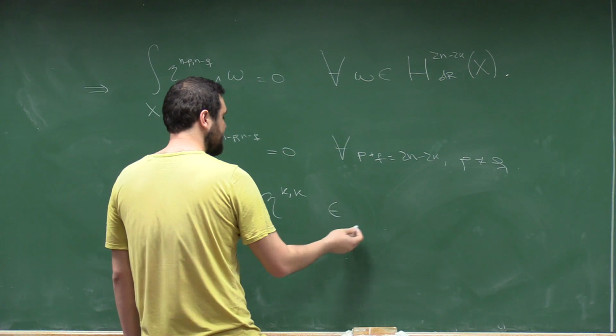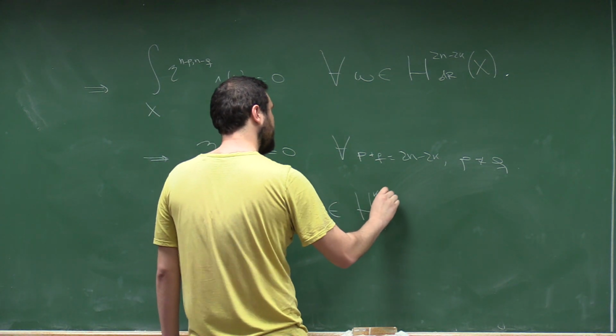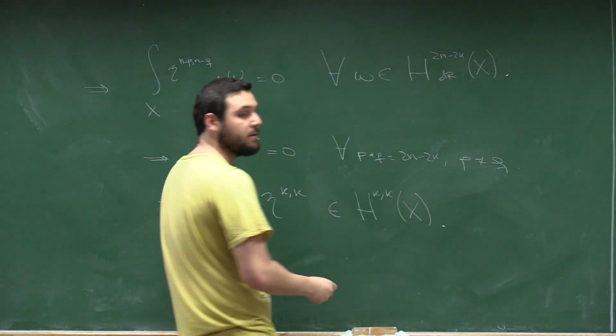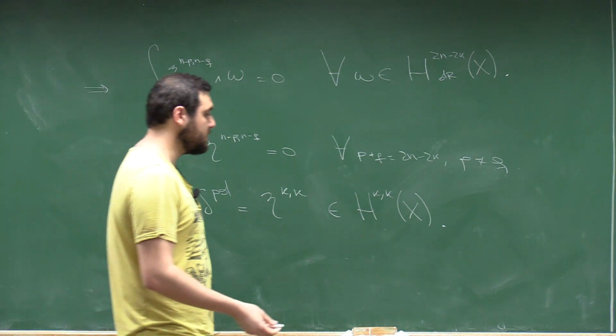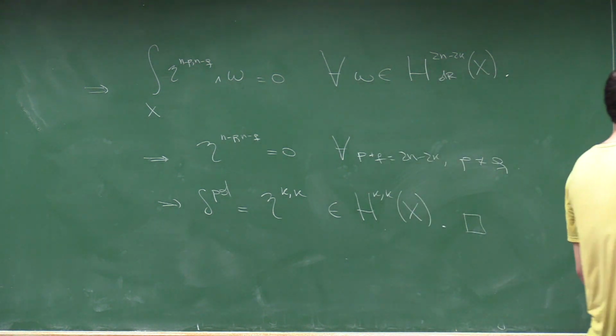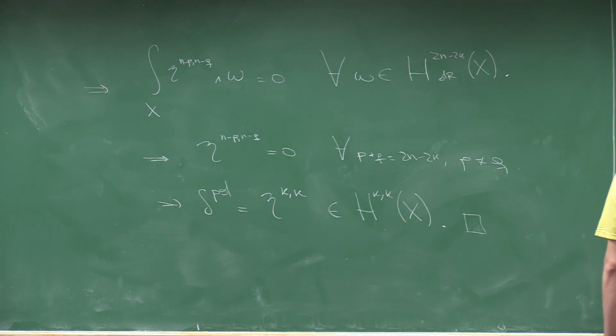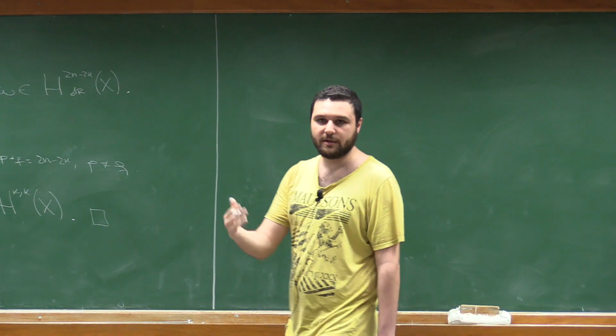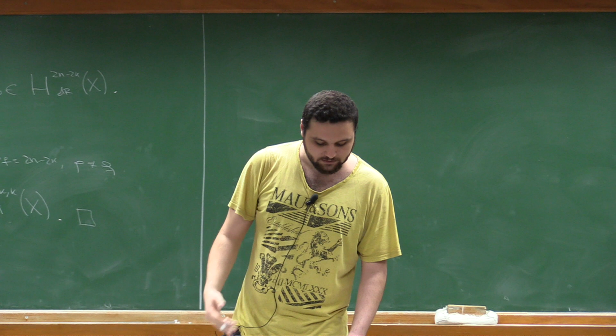All the other parts vanish, and so it's inside H^{k,k}. So it's a Hodge cycle. I mean, it's a cycle where a lot of integrals are vanishing.